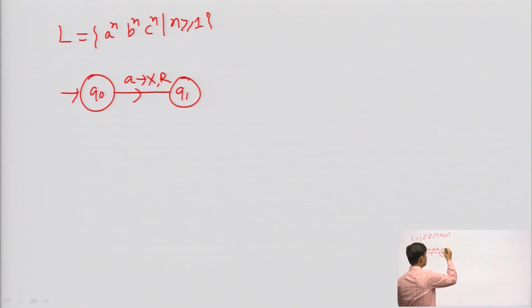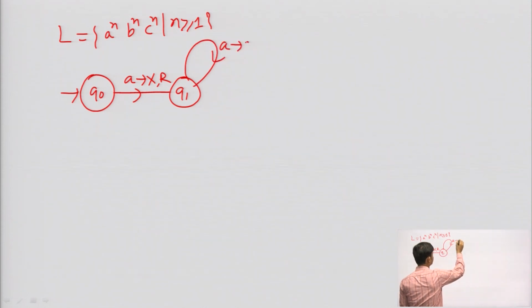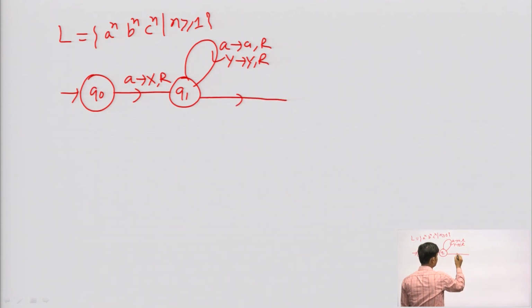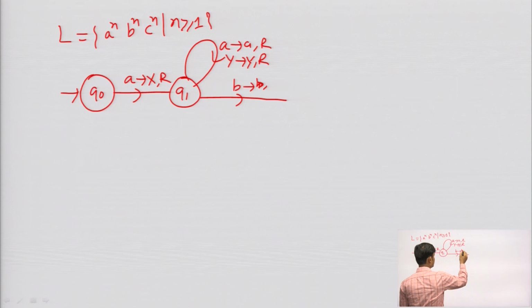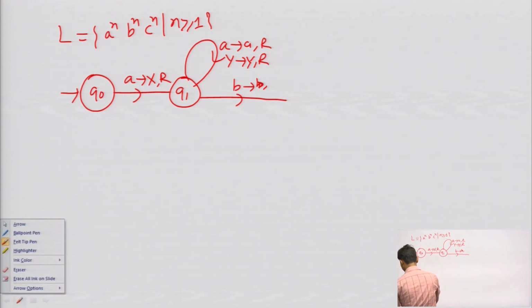Then in q1, for all a you move right and keep it as it is, then Y R, then b R. For a b, this is Y R. At a time one a, one b, one c you have to replace by X, Y, Z.